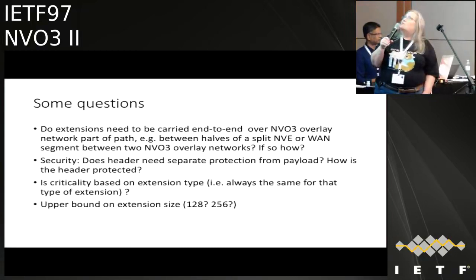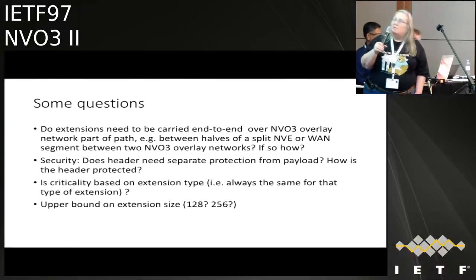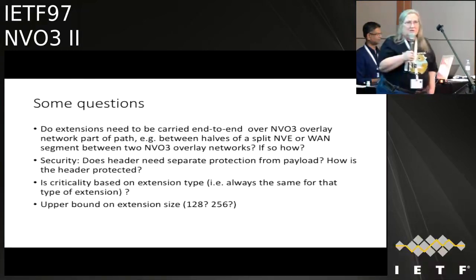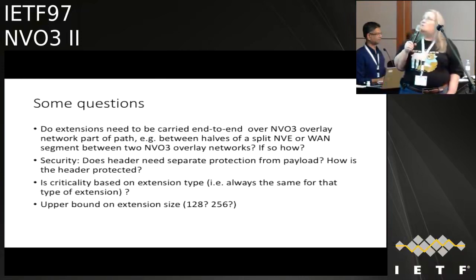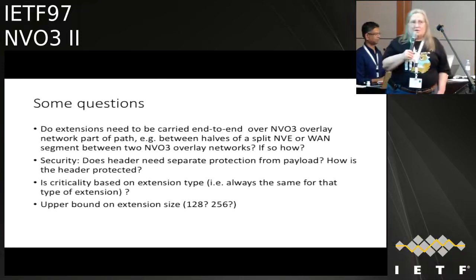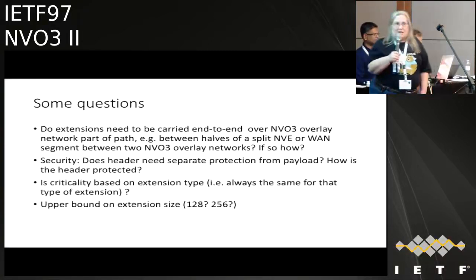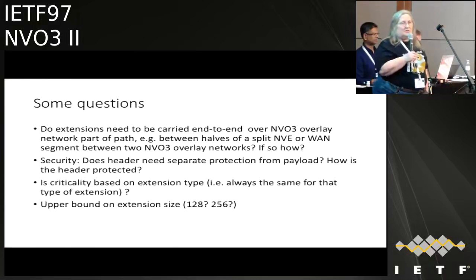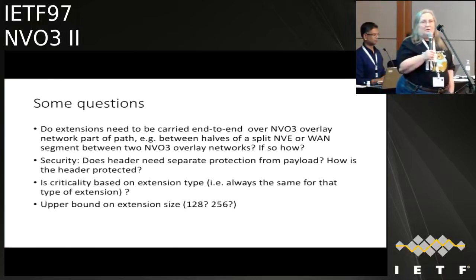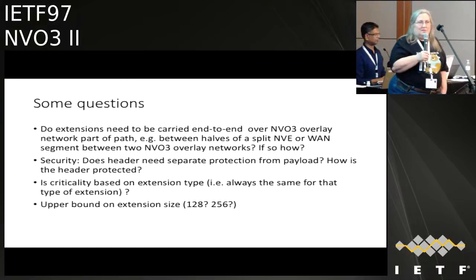Is that important? There was some discussion about that. It's something maybe somebody wants to do a draft to explore, or we could have some discussion on the list to explore.